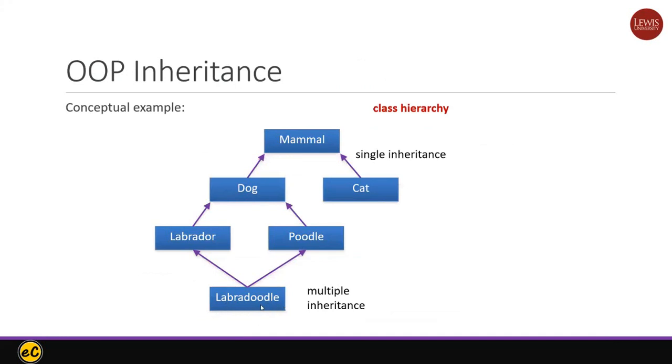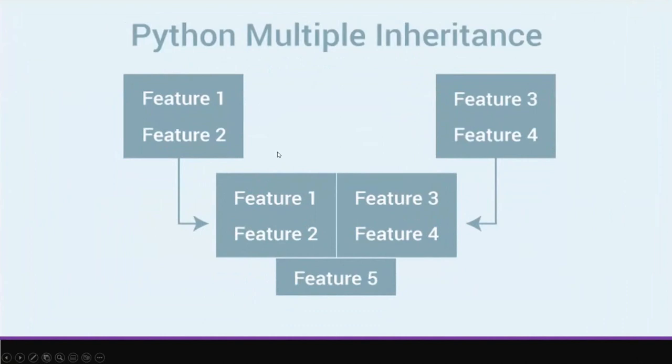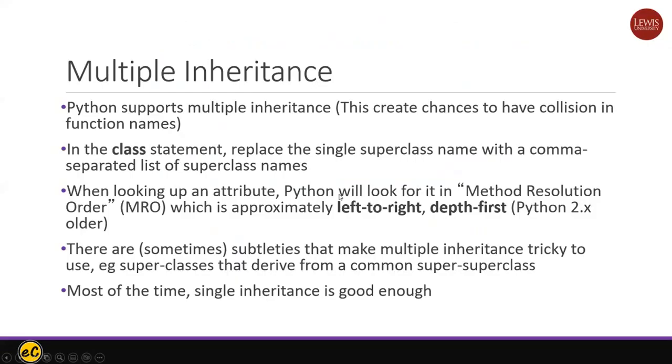You take over feature 1 and feature 2 from Leopoldo and feature 3 and 4 from Puto. It's possible in Python and C++, but this is not allowed in Java.